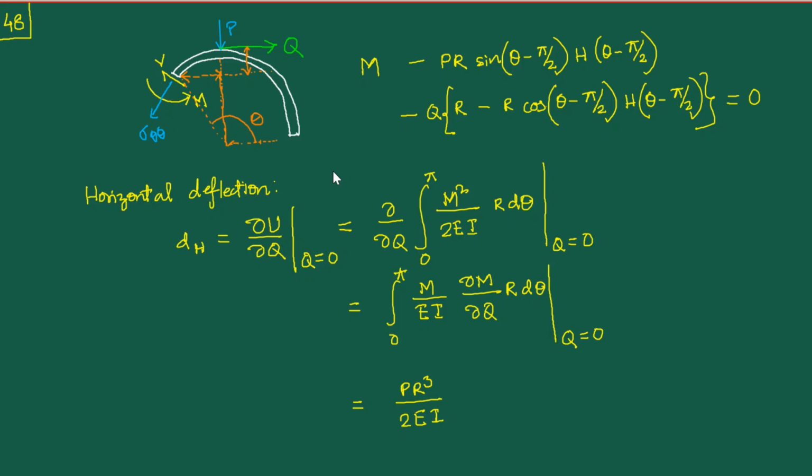In a similar fashion, we can have a structure where part of it is a curved beam and another part is straight. So we can have various combinations of the things that we have learned as part of different problems. It can get very, very interesting.